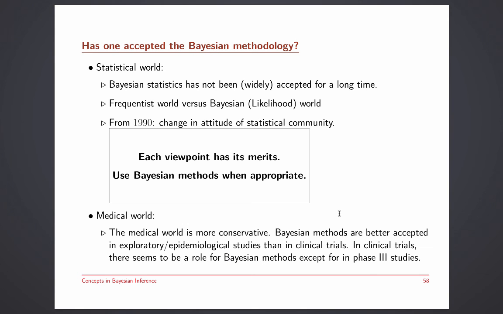So Bayesian statistics has not been widely accepted for a long time, but nowadays more and more people are using Bayesian methodology. Each viewpoint, of course, has its advantages, and I think you should use the Bayesian method whenever it is appropriate. In the medical world, it has taken much longer to accept the Bayesian methodology as compared to the general statistical community, but nowadays also in the medical world, Bayesian methods are more and more being accepted.